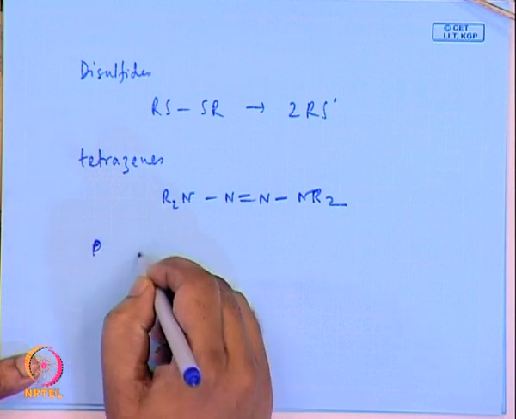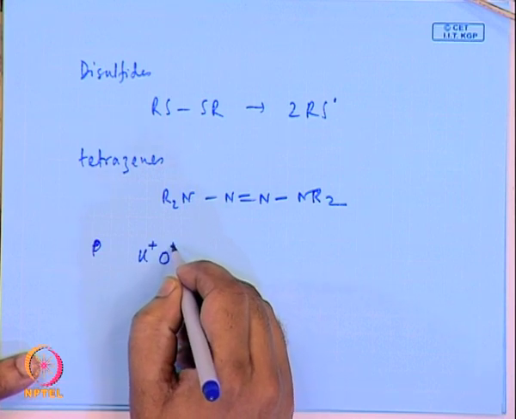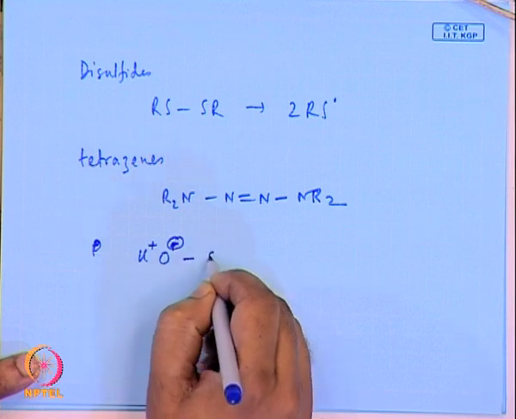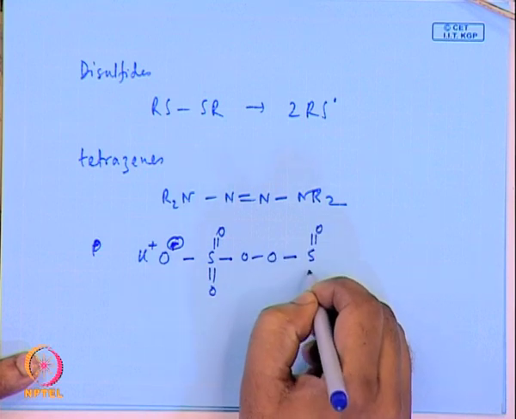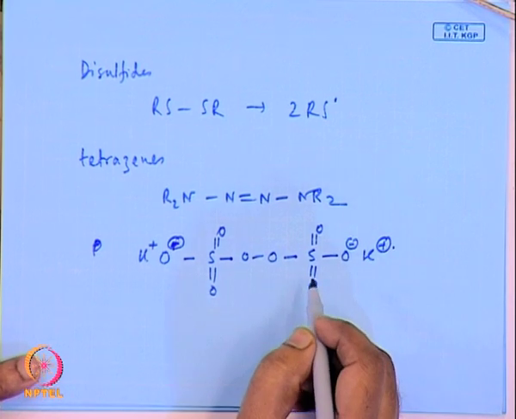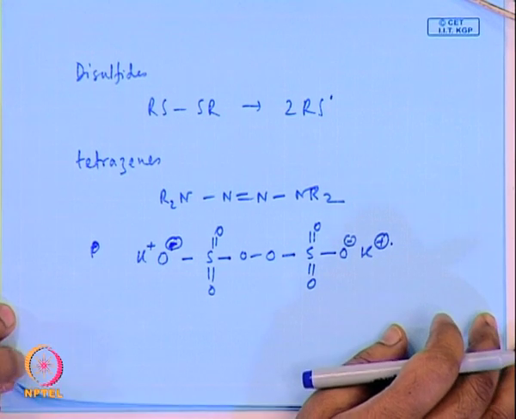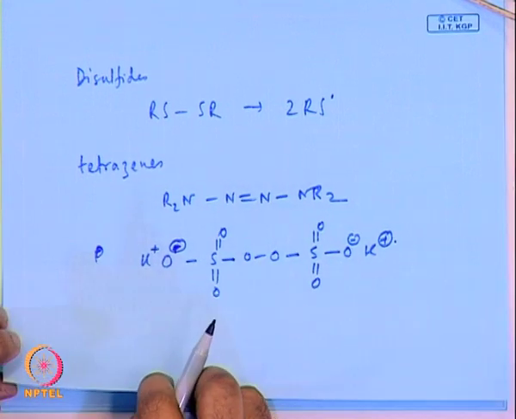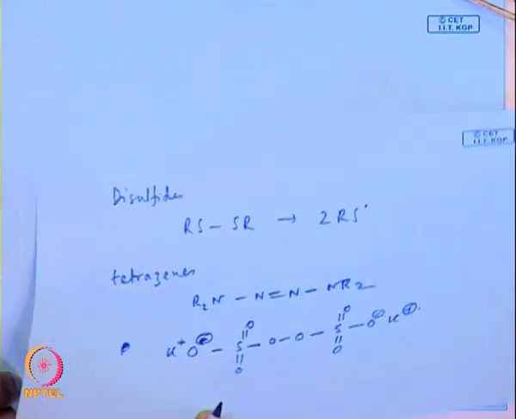For example, you have potassium persulfate. So these are typical examples of radical initiators. The most common are AIBN and benzoyl peroxide, which are used in the lab.